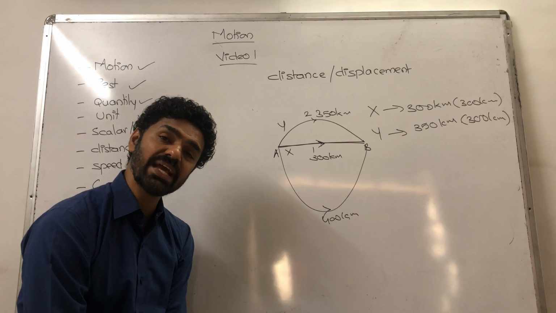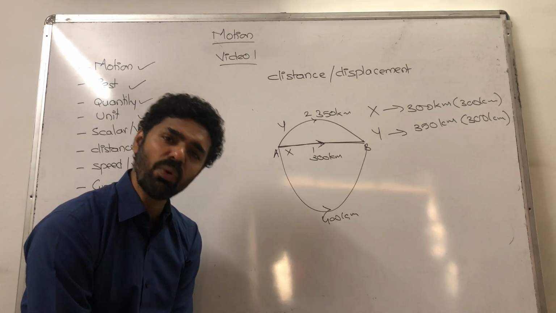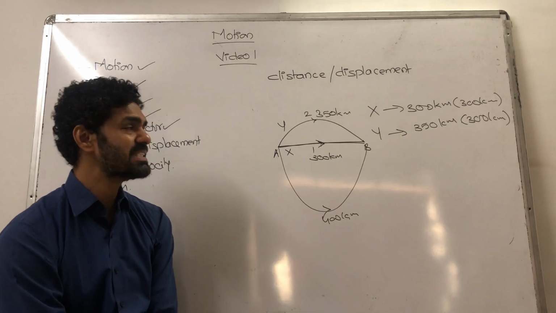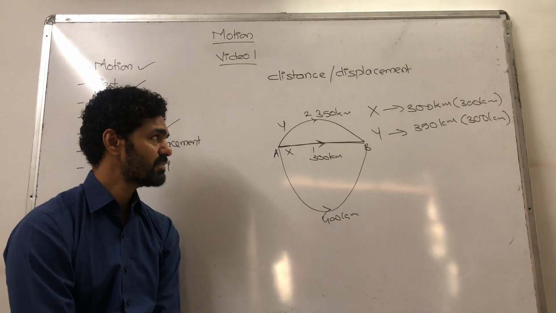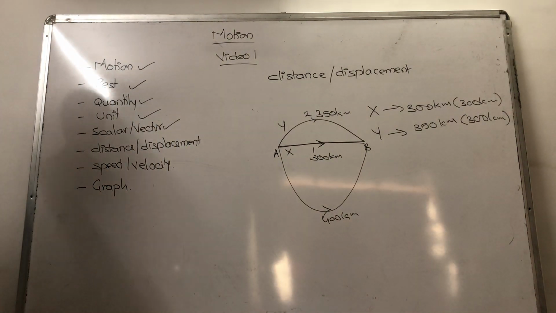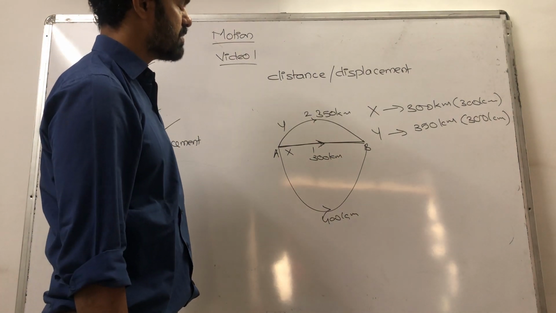Hence, distance can exceed displacement, or distance would be equal to displacement, but distance will never be less than displacement. Yes? So, I suppose you could very well gauge the concept.